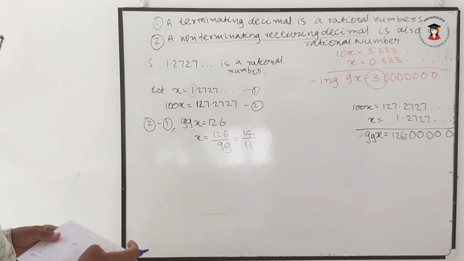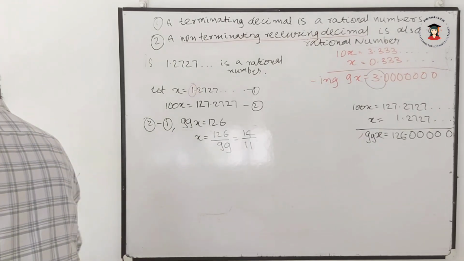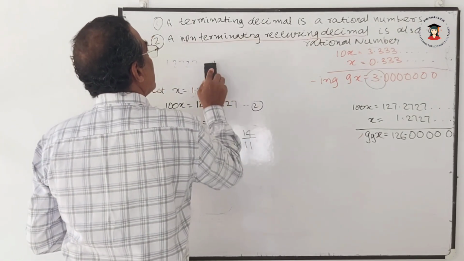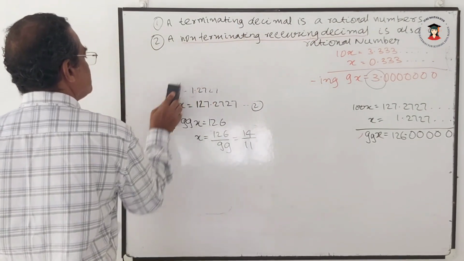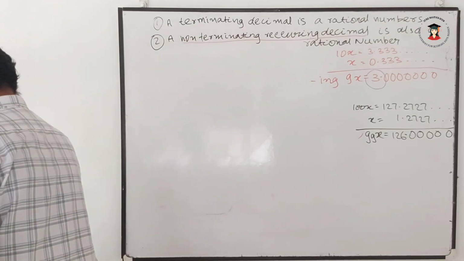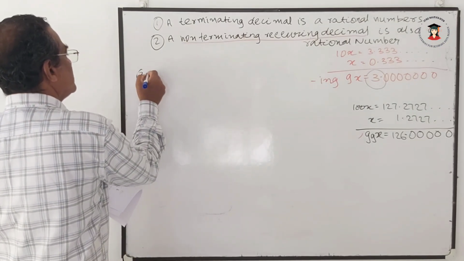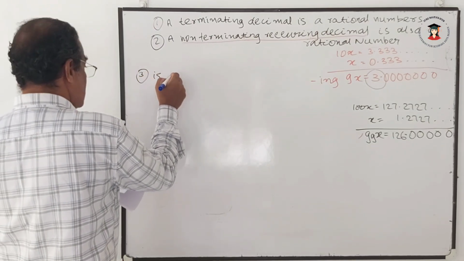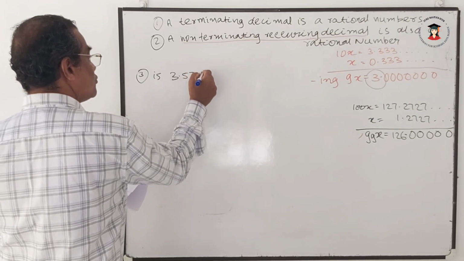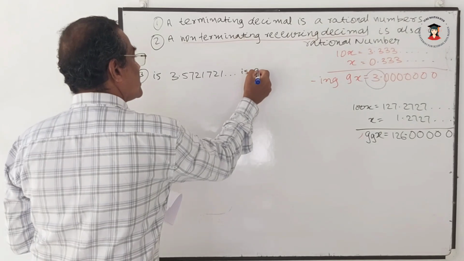Let us consider one more example, a little bit different type of number, so that we can be sure about this conclusion. The third question is 3.5721 etc. is a rational number.